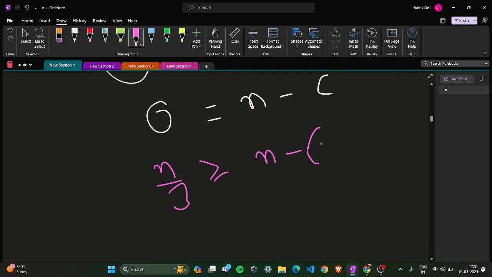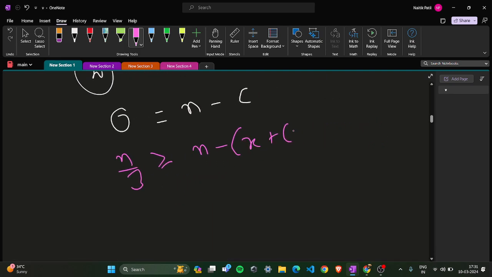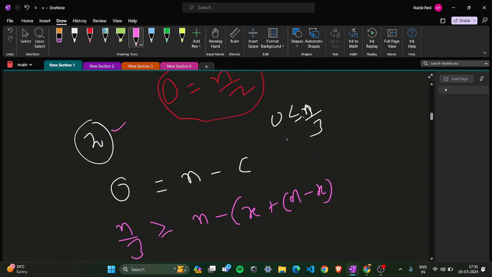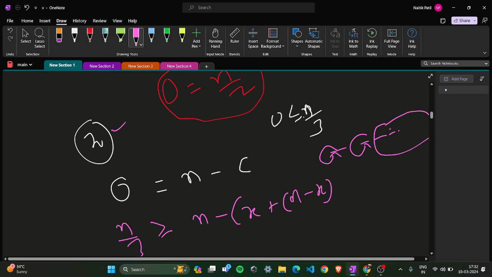So our cycles will be x plus, now the remaining elements are n minus x, and for all these remaining elements we can just pair up two elements to maximize the cycle count.